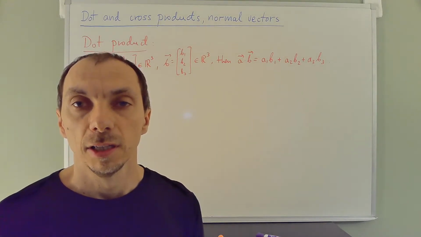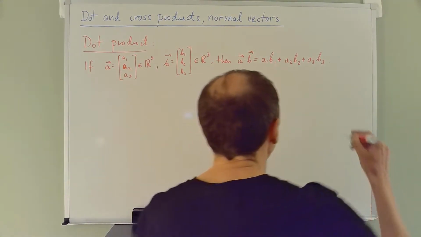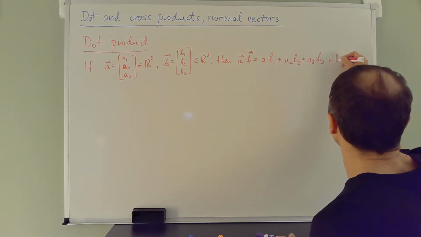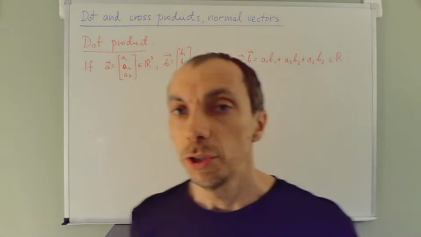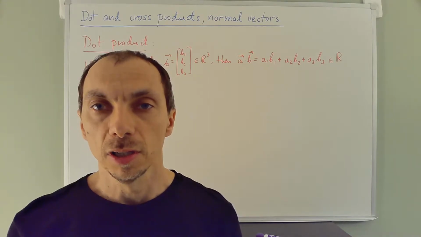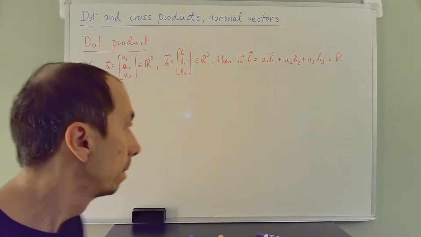So in particular, this is a scalar, this is a number. So a dot product takes two vectors and spits out a number.